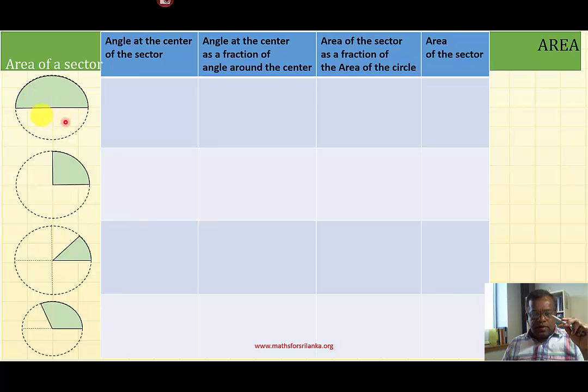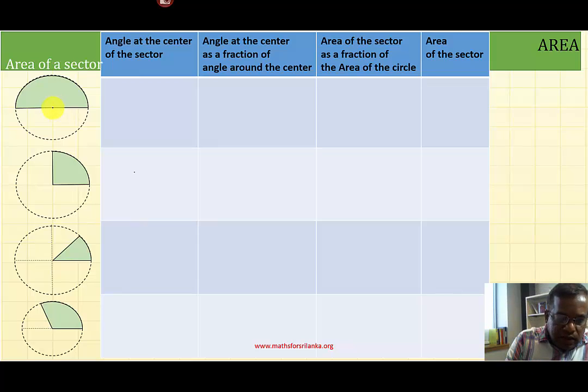Now if you look at the first diagram, which is a half circle, we want to write down the angle at the center first, then the angle at the center as a fraction of the angle around the center, then the area of the sector as a fraction of the area of the circle, and at last the area of the sector. The first one is a half circle, so the angle at the center is 180 degrees because it is a straight angle.